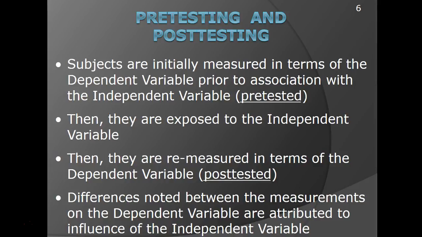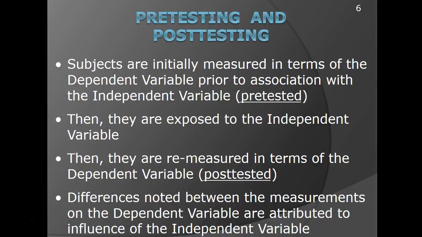So they basically took a sample of violent offenders, randomly selected them into two groups, which gave our experimental group and our control group. The experimental group was going to receive the program where the control group was not. Both of them were tested in regards to their level of violence prior to this division.